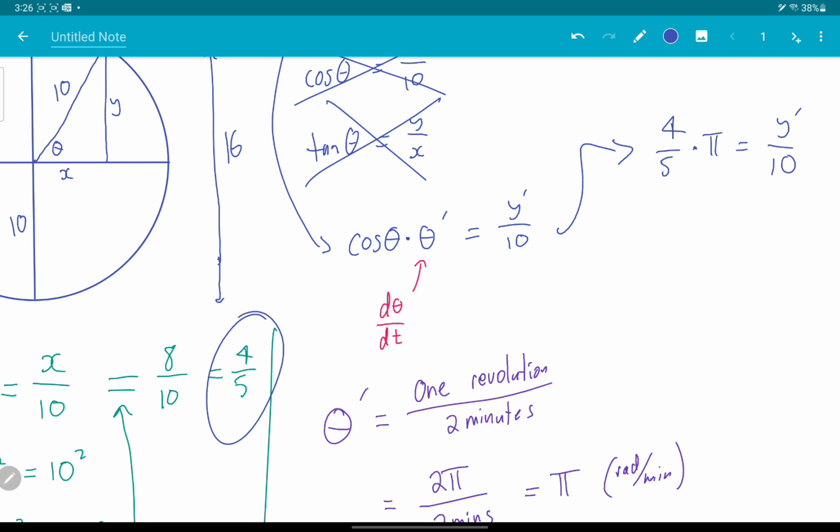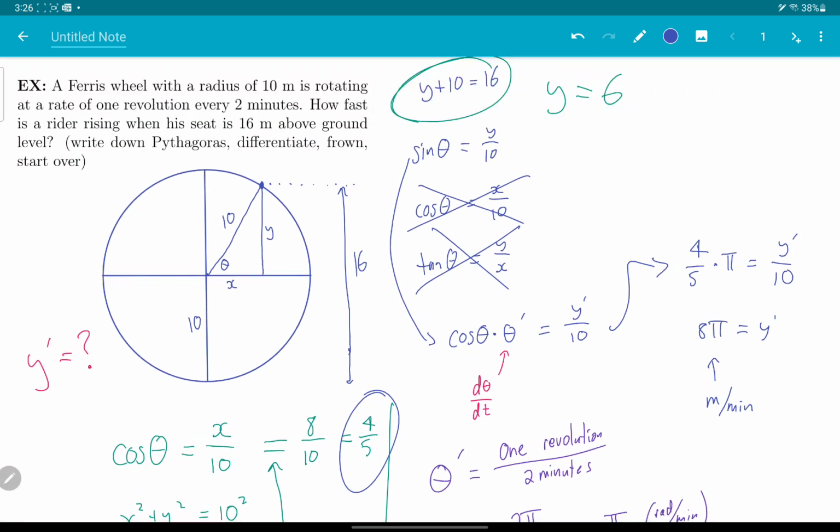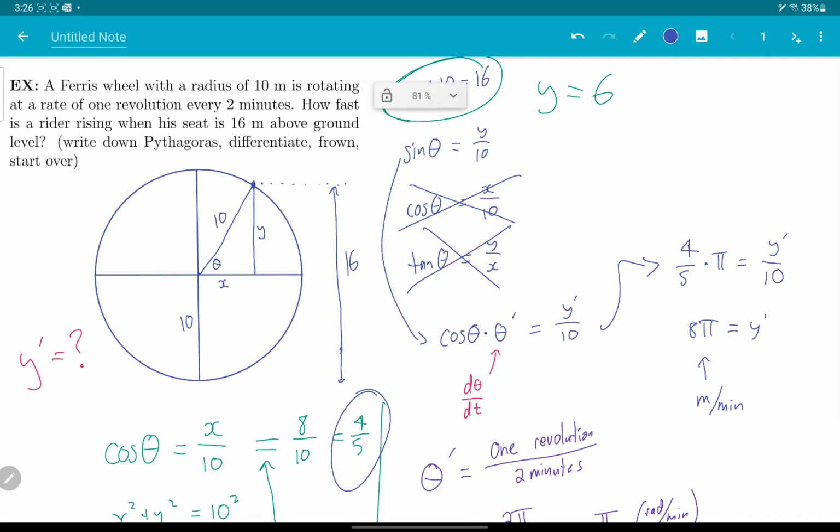And y prime is what we're looking for. Multiply both sides by 10, giving me 8 pi is y prime. And the units here, meters per minute, if I'm not mistaken. Yeah, 8 pi meters per minute.